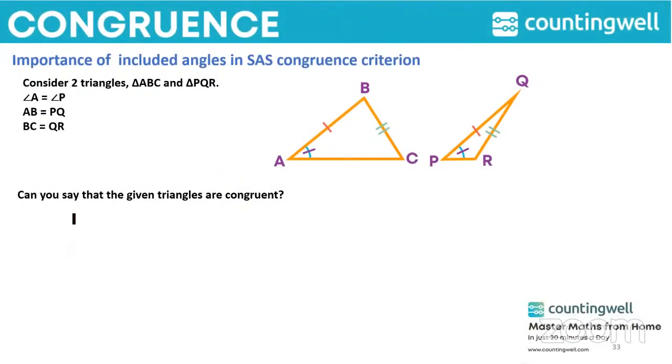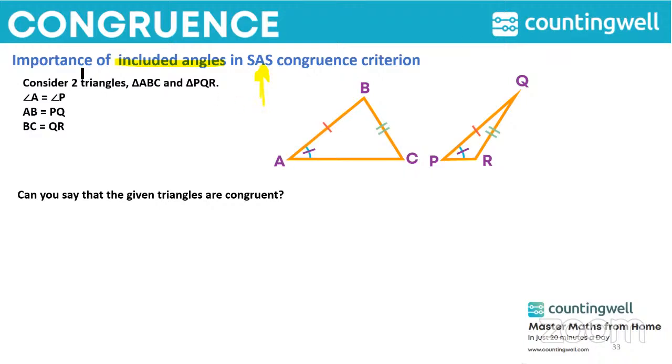Importance of included angles in the SAS congruence criterion. As I told you, you should observe whether the angle is lying between the two given sides when the measure of the angle is given for the two triangles.